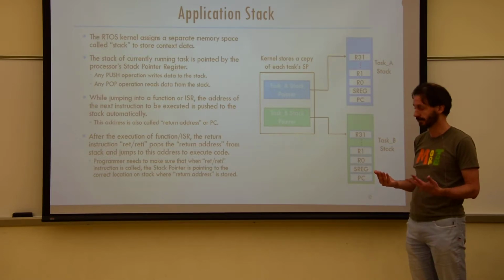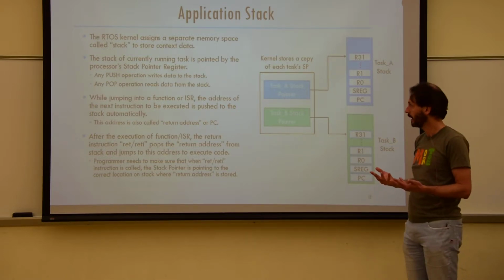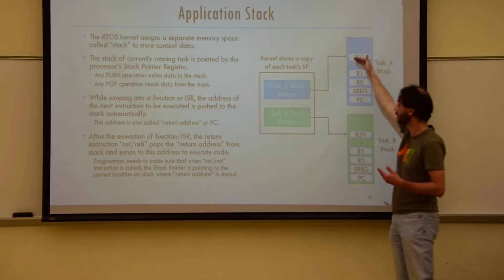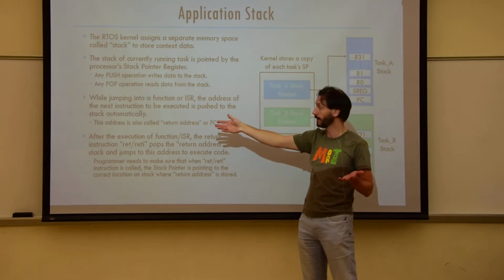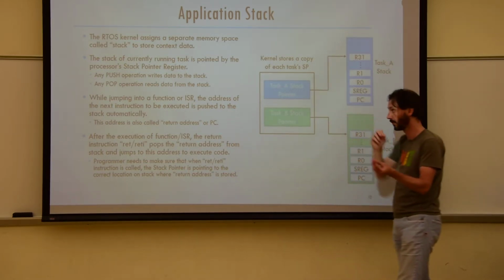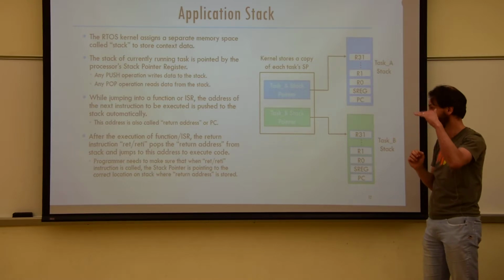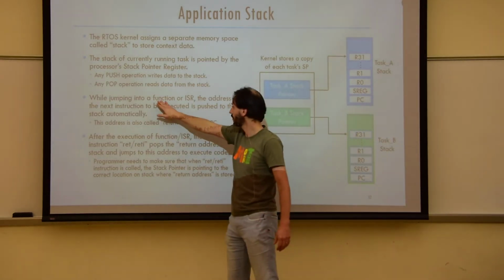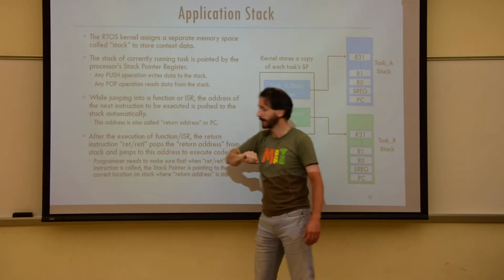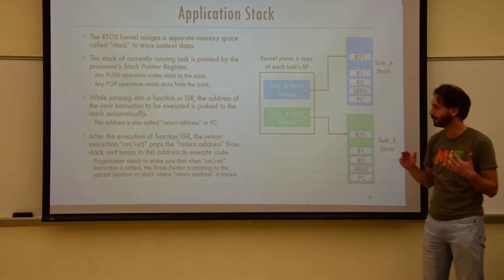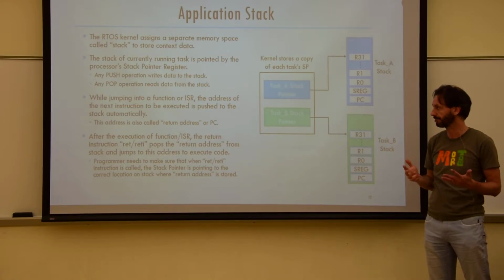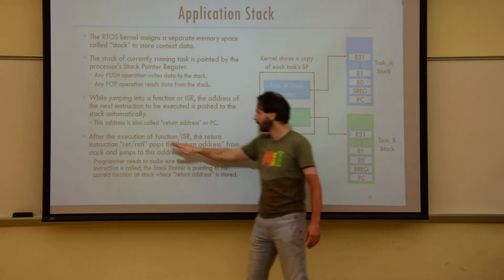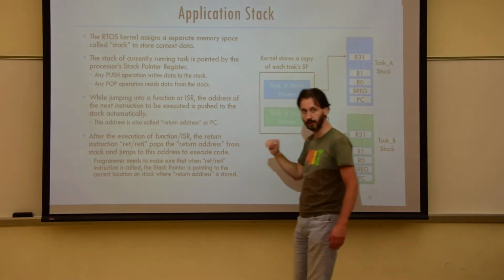So that is the register of the processor, and any push operation writes data to the stack, pushing it on top, and any pop operation reads data from the stack, and then the pointer will decrement. While jumping into a function or ISR, the address of the next instruction to be executed is pushed to the stack automatically. This address is also called the return address or the program counter.